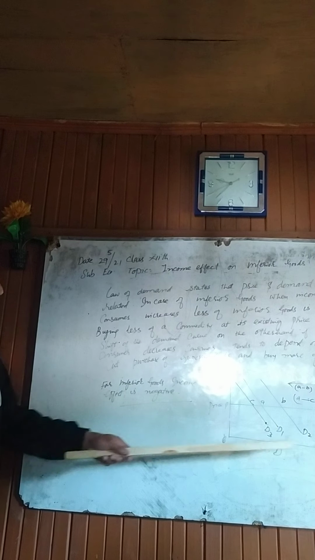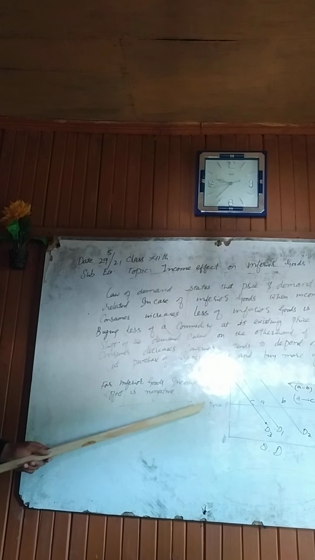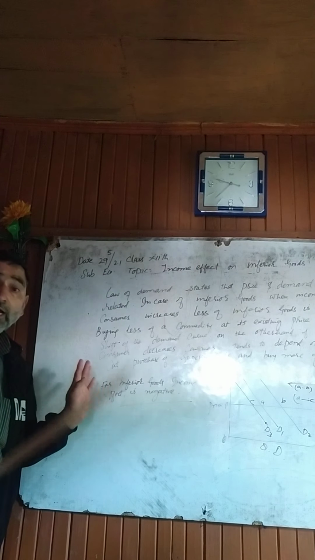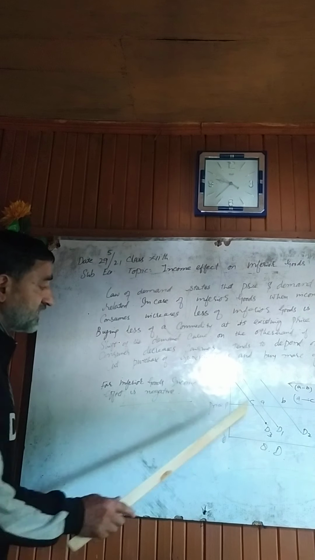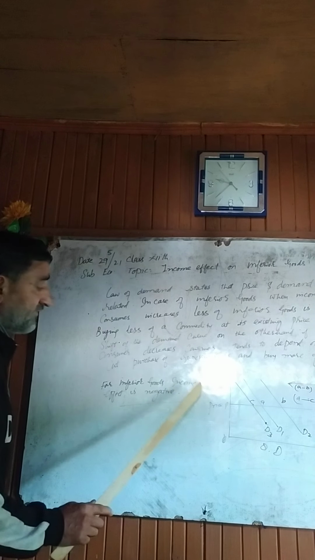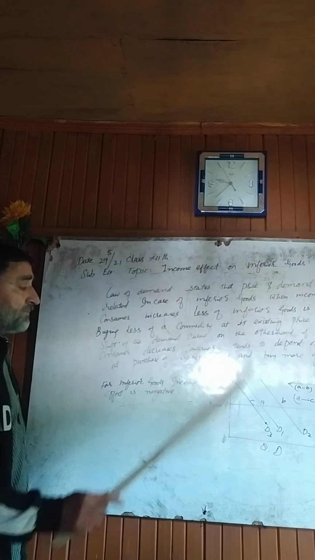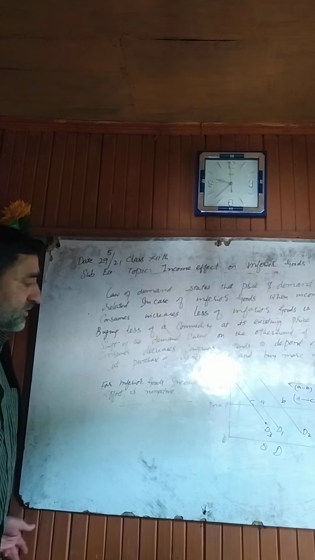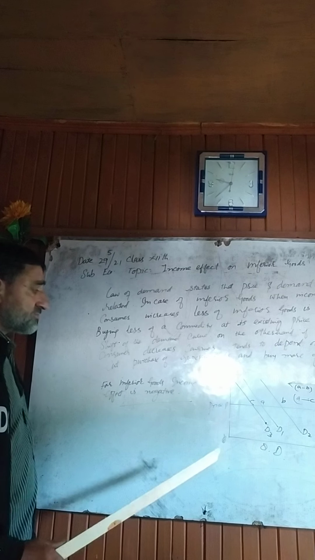Along the x-axis we represent quantity demanded, and along the y-axis we represent price. The price of the commodity is constant, it doesn't change. Only the income of the consumer changes. Initially, when his income is at level A, he purchases OD quantity of the inferior good.